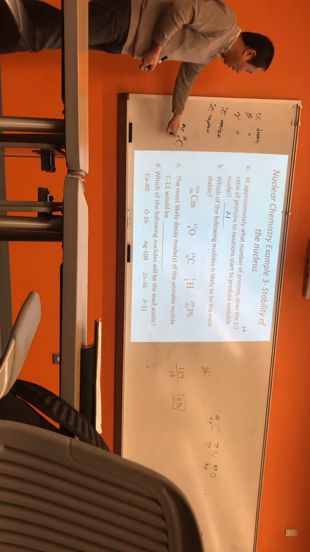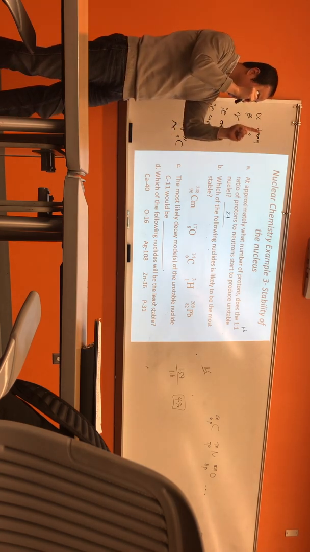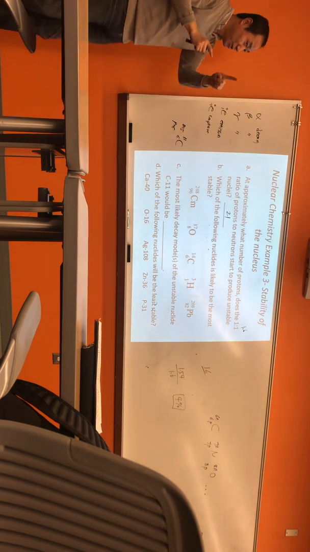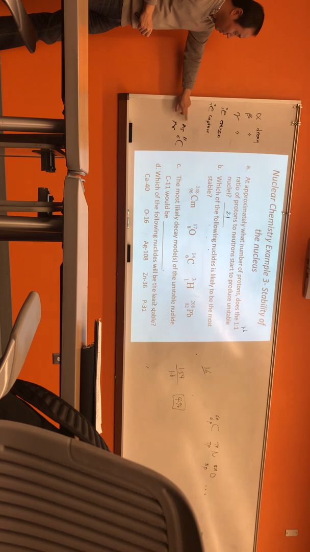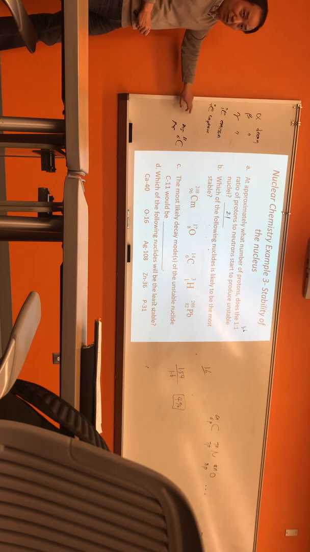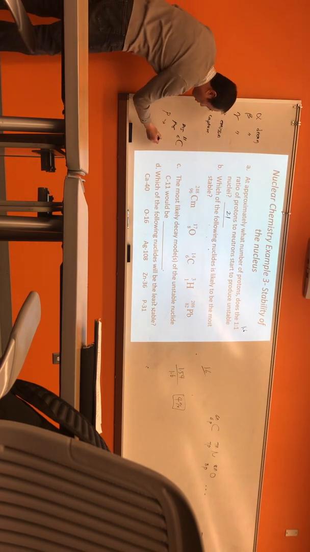So with atomic number less than 20, ideally we have the same ratio. Yeah. So this guy is lacking a neutron. So you want to make more neutrons, right? So that means a proton should turn into a neutron.